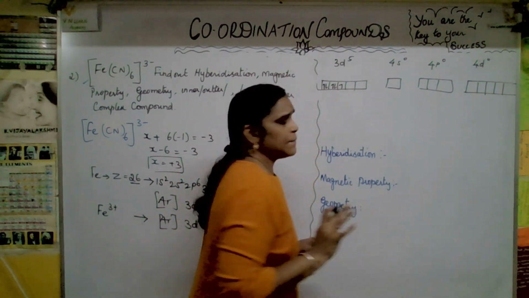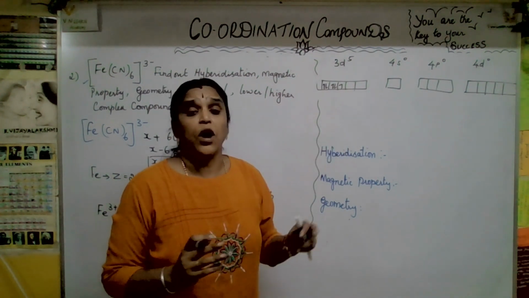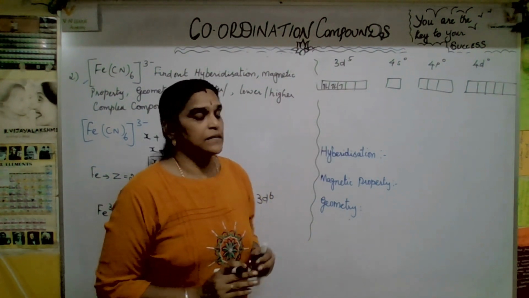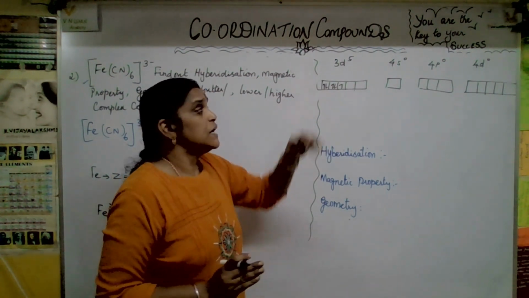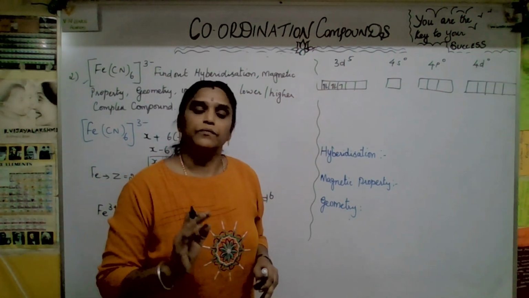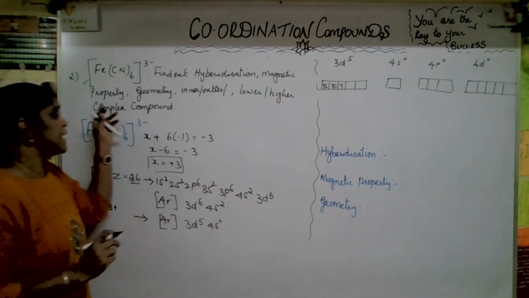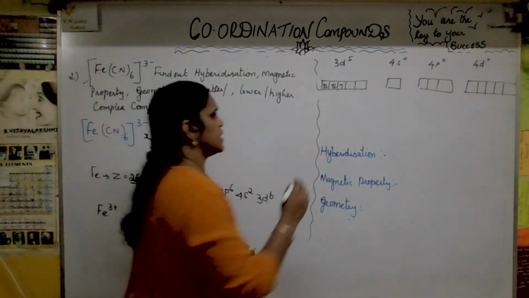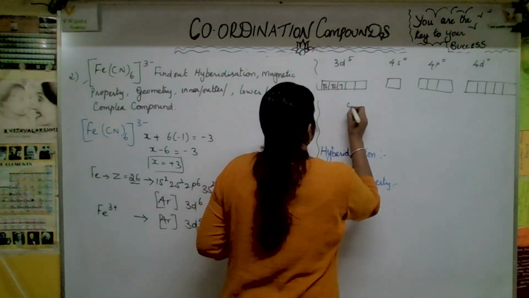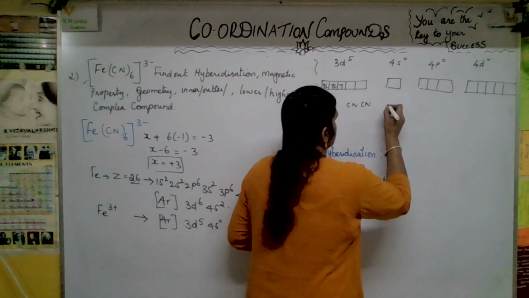So these are empty orbitals. The empty orbitals are preparing for what? To be filled by the ligands. That means a pair of electrons is received from the ligand. Who is receiving the electrons? The central metal ion. So that means here CN and here CN. How many ligands are there? 6.